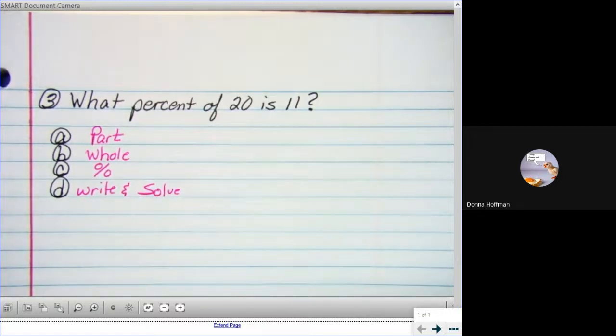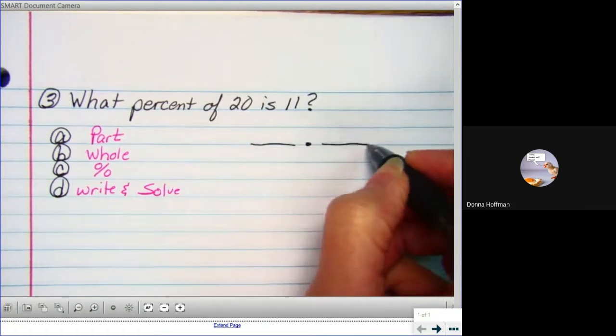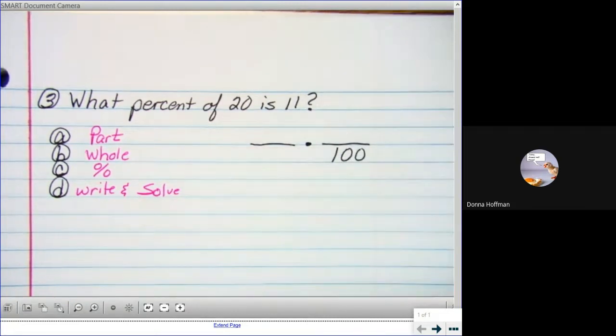Okay, so we're looking for the part, the whole, the percent, and then write and solve. So let me go ahead and get my format set up because that never changes. Barrett, do you know what the part is?